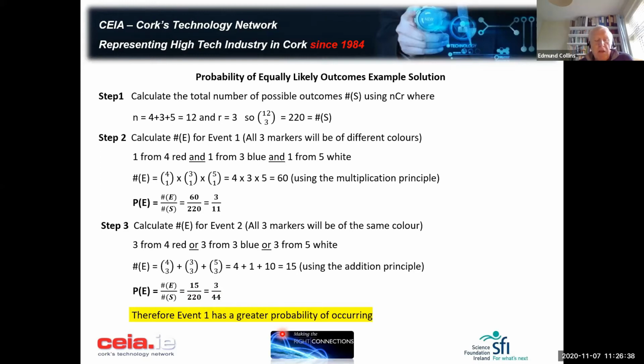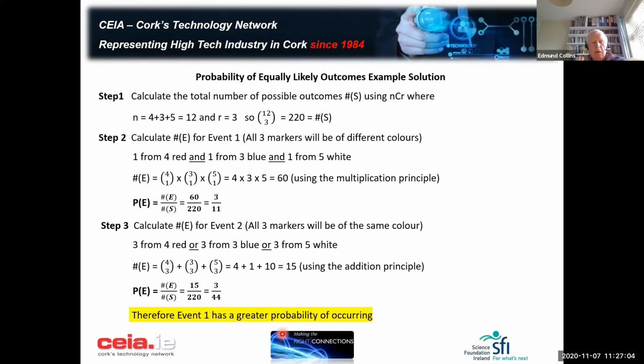We can bring something else in here. From intuition, from our knowledge, we would say yes, that looks right, because it's definitely more likely that if you put your hand in the bag, you're going to pick 3 different markers than you're going to pick all 3 of the same color. So intuitively, that looks right.